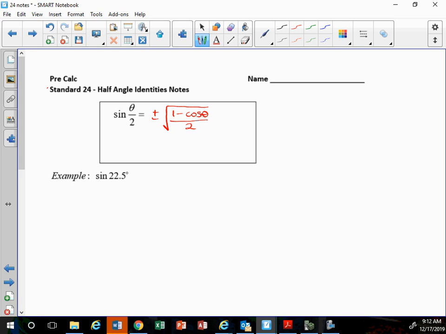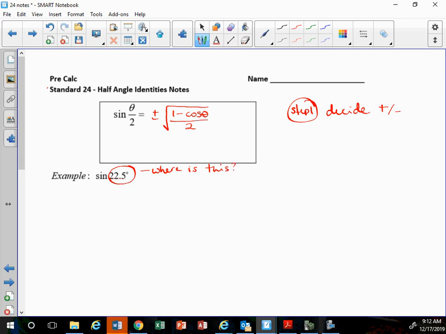All right, so first example here, sine of 22.5 degrees. 22.5 degrees is clearly not something we just know from our unit circle, right? So first thing we have to do, step 1, decide on the plus or the minus. Let's look at the angle we're actually talking about, 22.5 degrees.